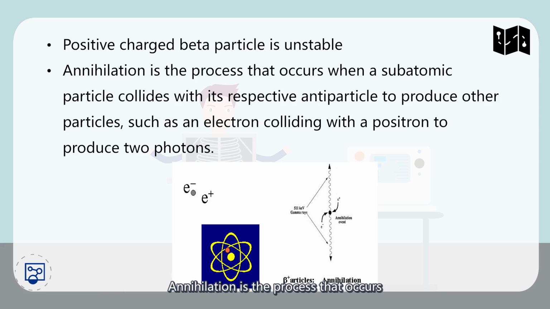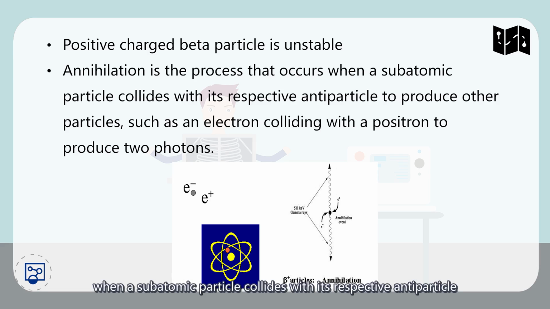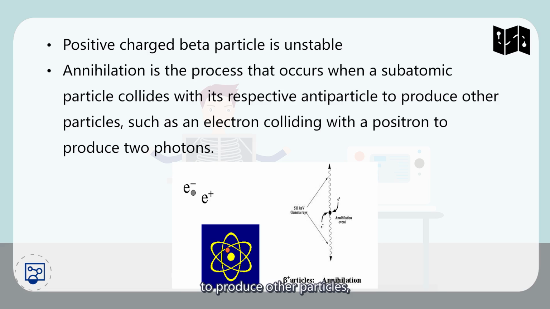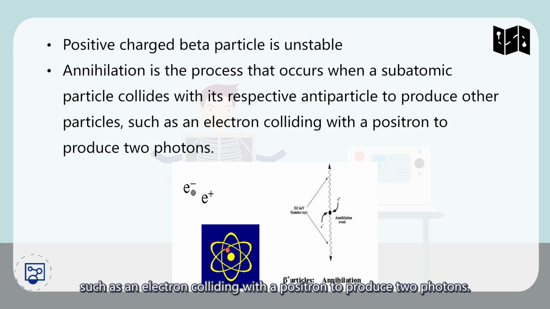Annihilation is a process that occurs when a subatomic particle collides with its respective antiparticle, then produces other particles, such as an electron colliding with a positron, then producing 2 photons.